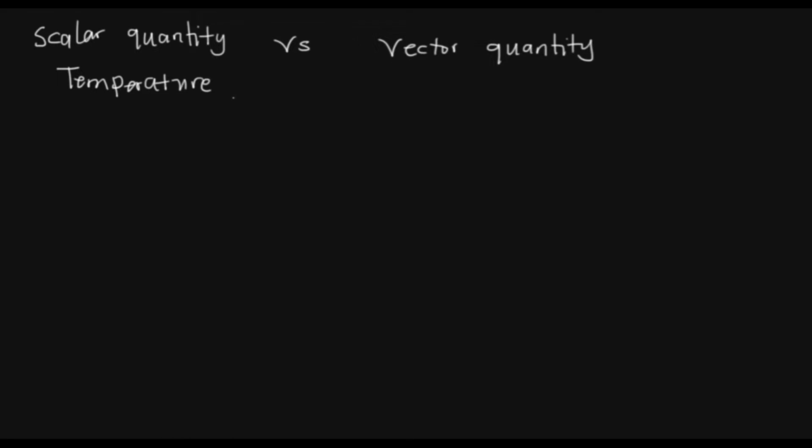But we are not being given the direction, so it can't make sense if we are to say an object has the temperature of 20 degrees Celsius east. That cannot make sense. So therefore we are saying temperature is an example of a scalar quantity.